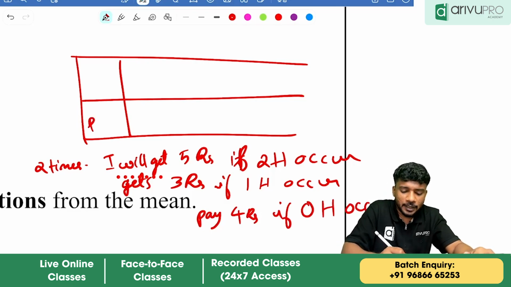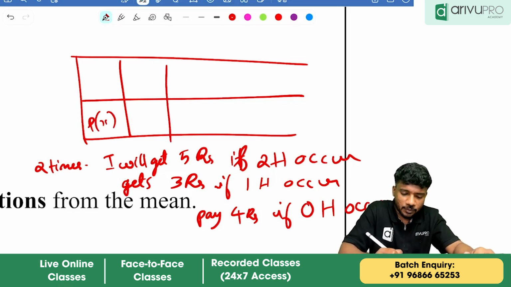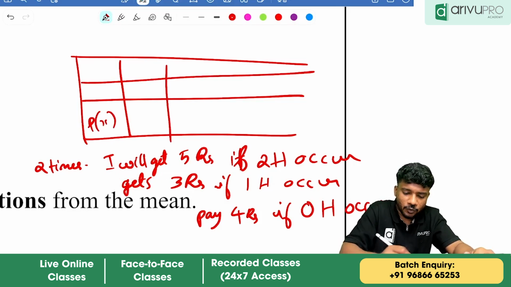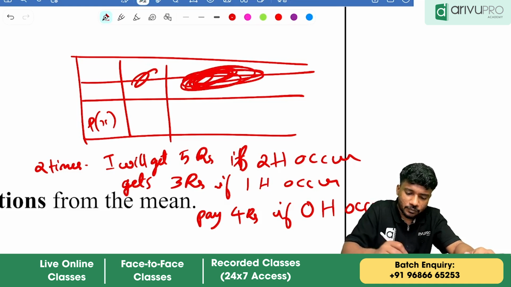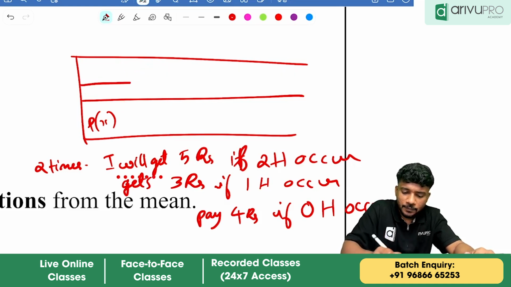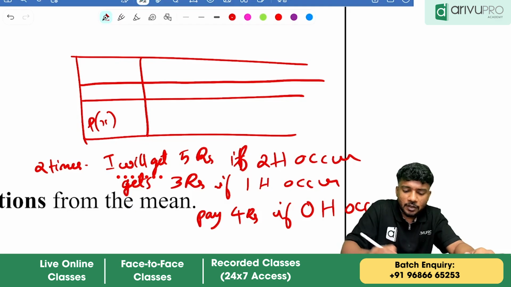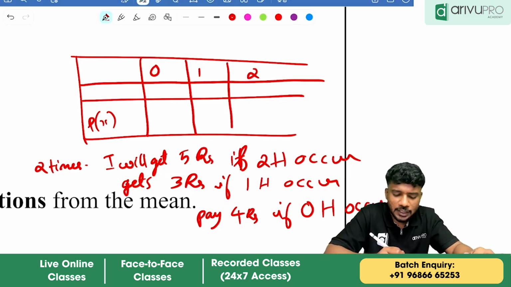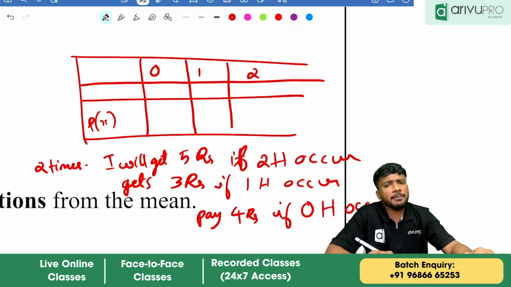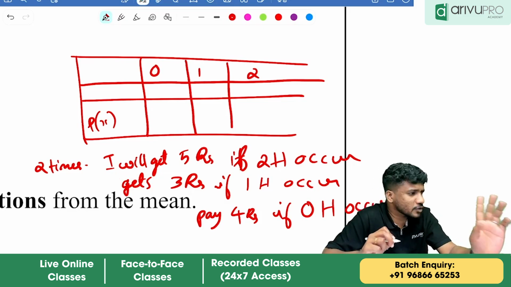Now, probability of x. What are the conditions? There should be 0 head, 1 head, and 2 heads. Now you tell me, 0 head happens how many times? That means both cases it should be tail.